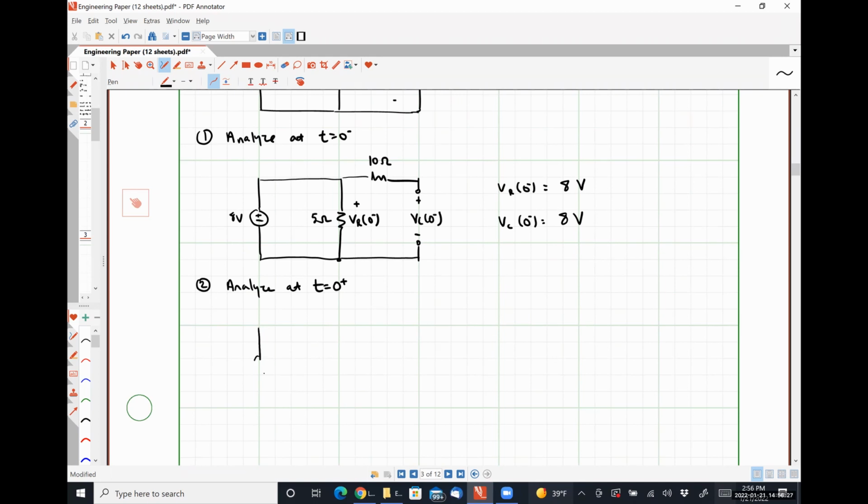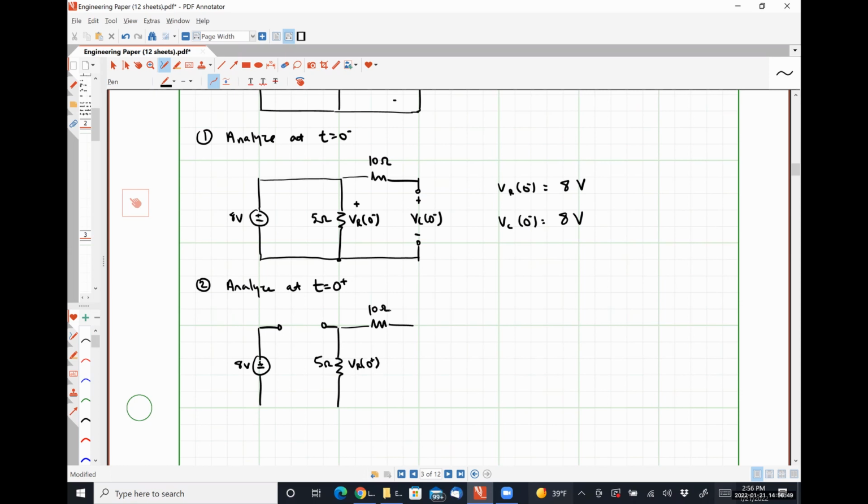So at t is equal to 0 plus, we're going to have our 8-volt source, but now our switch is open circuited. Here's our 5-ohm resistor. Here's VR at 0 plus.